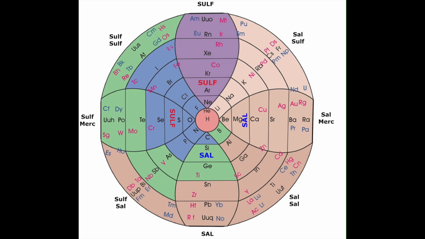And then these are all the gases in blue, and then this is the noble gases here. And so what we can see in the picture, if we're looking at this salt and sulf polarity, is that here's all the salt, all the solid metals, and over here is all the gases. So of course this is going to be salt, and this is going to be sulf. And the same happens this way, that we can see that we have denser elements here than we have up on the top here.